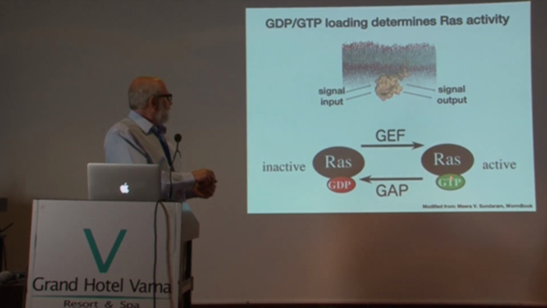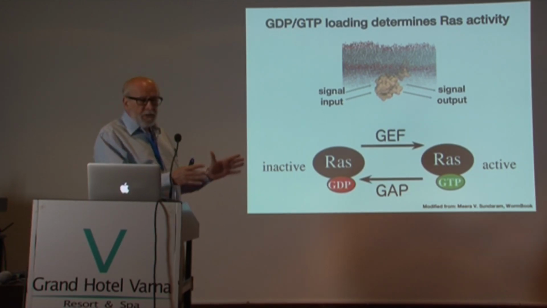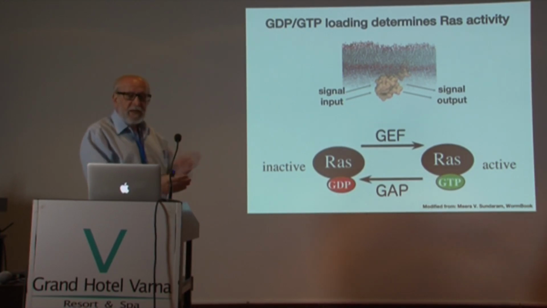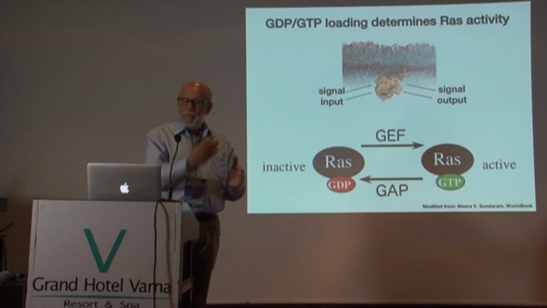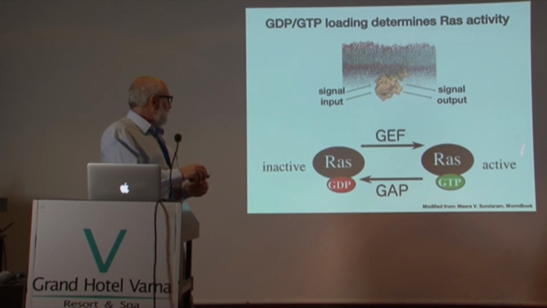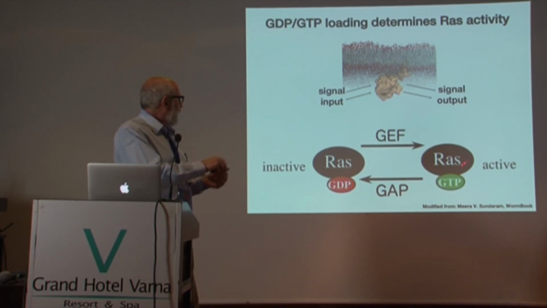When it gets into the GTP form, it's activated. Then, in the MAP kinase case, it's going to bind to RAF. RAF dimerizes, and it is a kinase that will phosphorylate its partner, not itself. This is where you activate, and then a lot of things happen here.